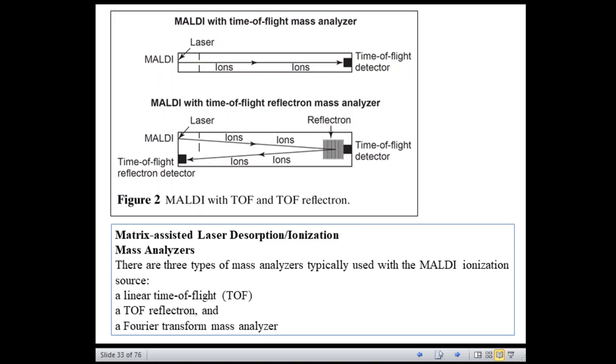But if you use a reflectron, these ions hit the reflectron, and again they are pushed towards the detector, so that the ions get more time to travel before they reach the detector. In linear TOF, the time taken by the ions to reach the detector is less when compared to the TOF reflectron mass analyzer.